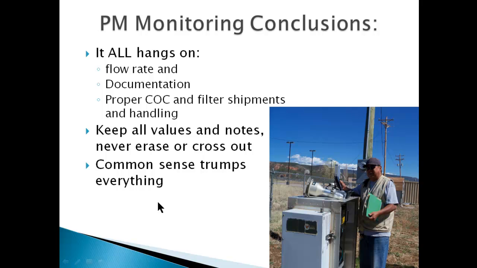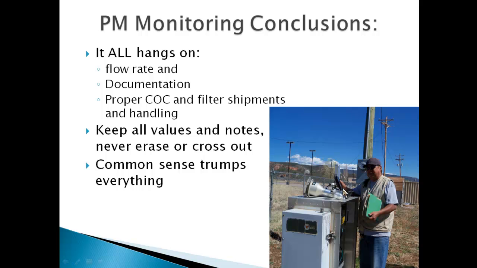So this is a picture of Delbert Altaha from White Mountain Apache, and you can see he has 2 TOM units, and this is one of his TOMs. He took the inlet off, and you can see in his hand is a flow rate transfer standard, an FTS, that he uses to measure the flow rate, and he compares the flow rate measured on his handheld device against what his TOM shows, and he may have to do calibrations if the flow rate is outside those limits.